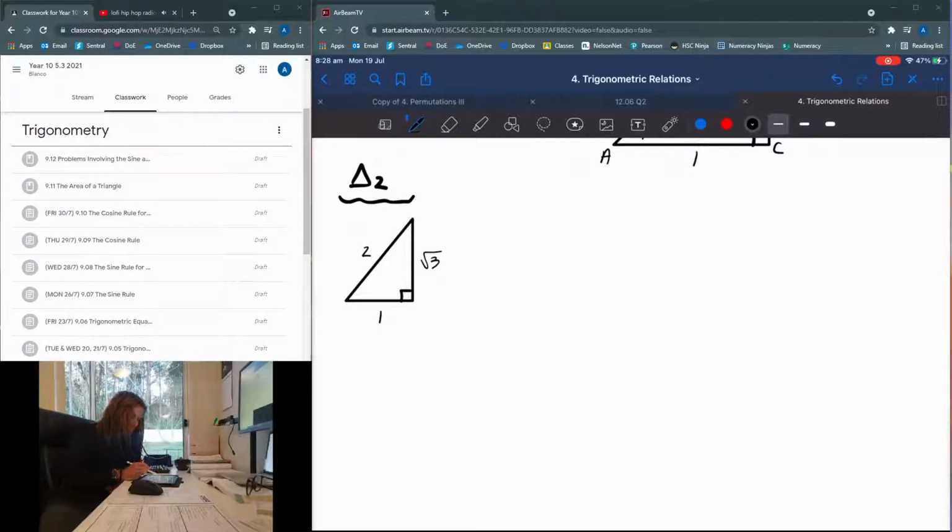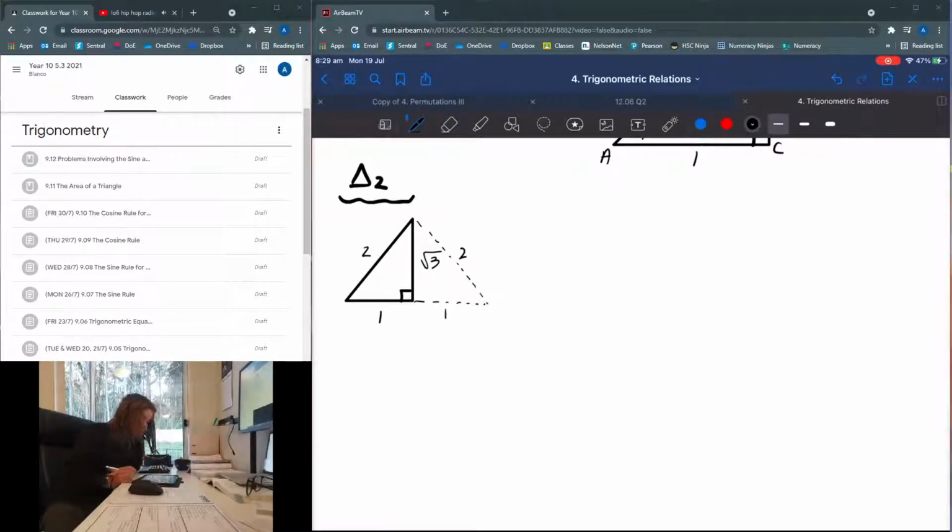Now, how does that help? Well, I need to think about what each of these angles are going to be. I guess there's a way of figuring this out. Let's turn this into an isosceles triangle. So what does that make this side? That makes that side 2.